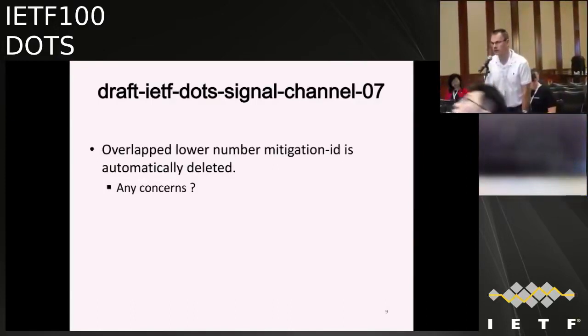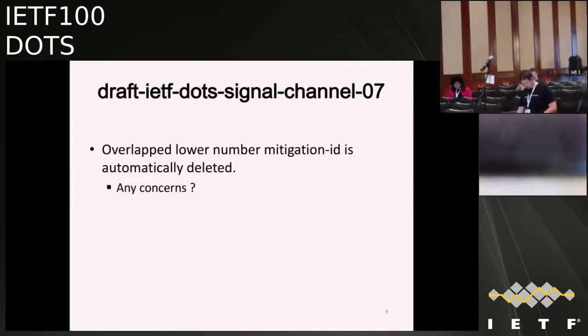Then I am concerned, because you are beginning to assume that there is some level of coordination between those DOTS clients, and I don't know necessarily how they would do that. It's certainly not something that we've specified. So there would be potential side effects of doing this. So yes, I have concerns, but I don't have a good answer right now. Okay, I'll move to Roland, and then please re-enter the queue so you can continue your presentation.